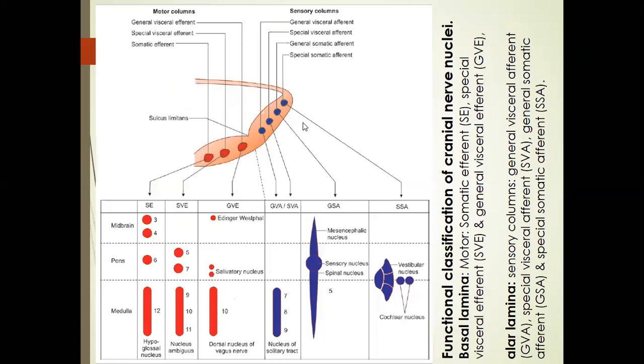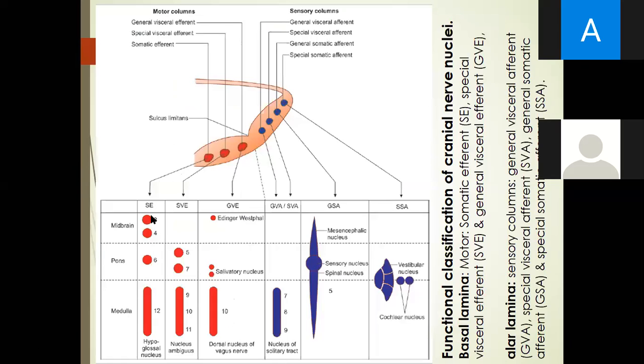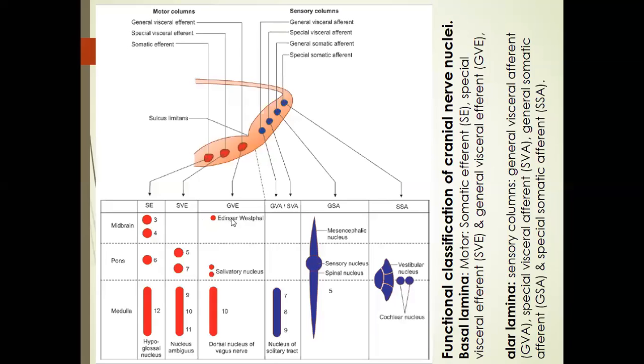Now in this slide, you can see third, fourth and sixth cranial nerves showing in red color, all are motor. So third and fourth, that is oculomotor and the trochlear nerve, are situated in the midbrain, and the third cranial nerve also has a parasympathetic component that is coming from Edinger-Westphal nucleus.